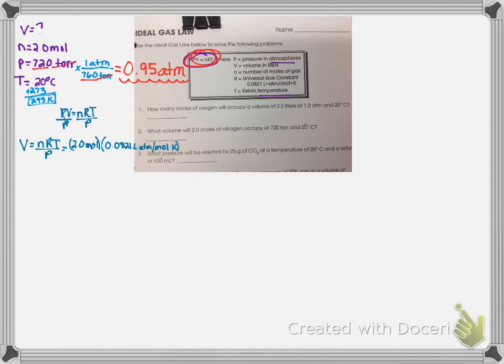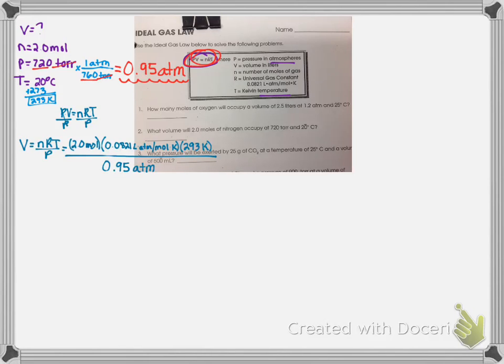And our temperature was 293 K. Now all of that is going to be divided by our pressure, and our pressure was 0.95 atm.